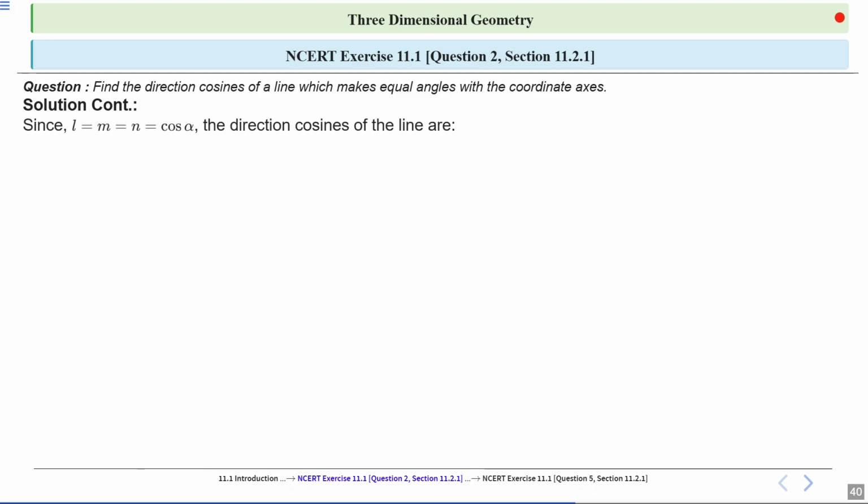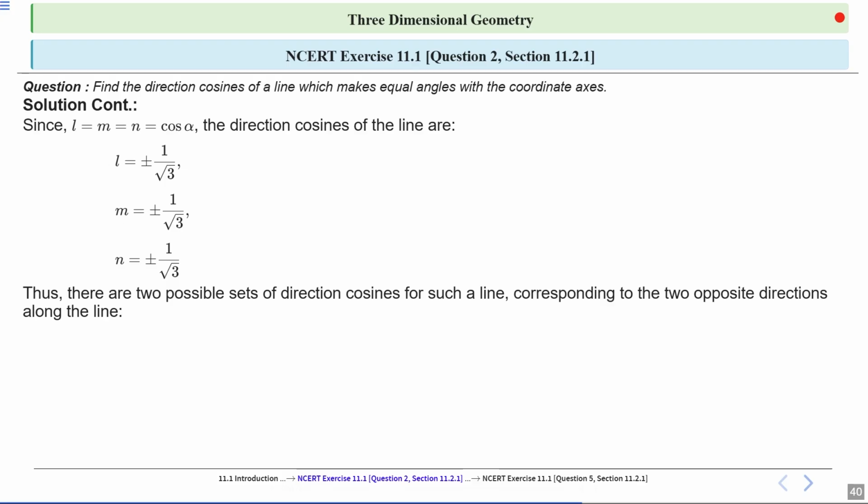Now, since cos alpha equals l equals m equals n, the direction cosines of the line are l equals plus minus 1 divided by root 3, m equals plus or minus 1 divided by root 3, and n equals plus or minus 1 divided by root 3.